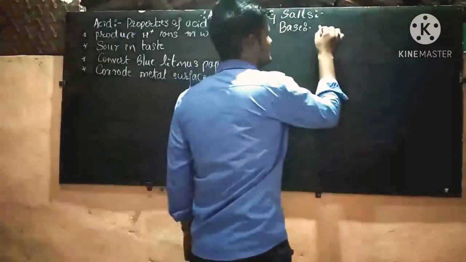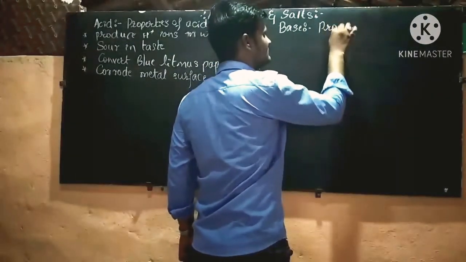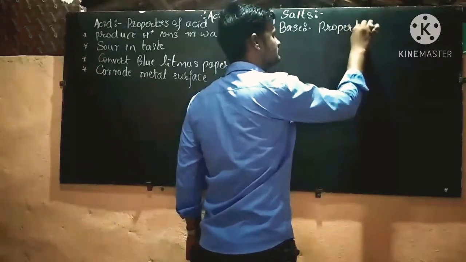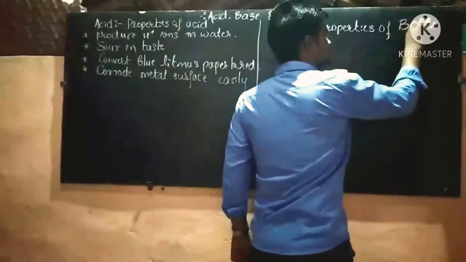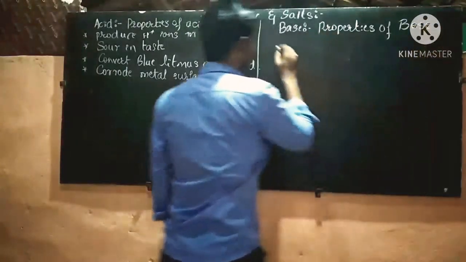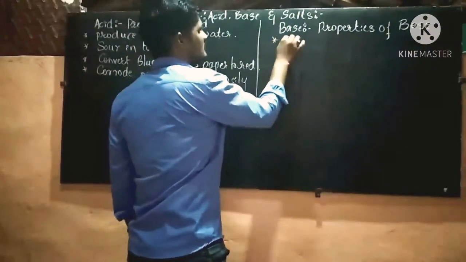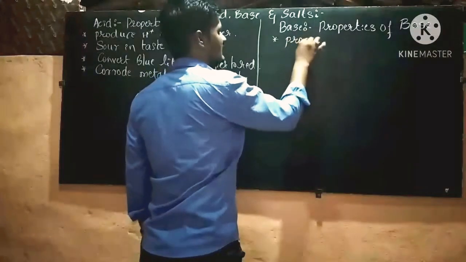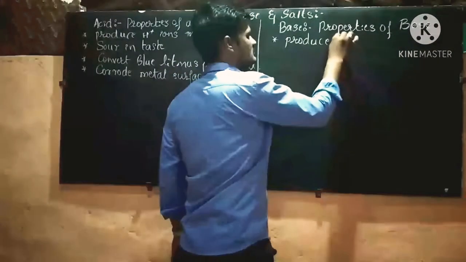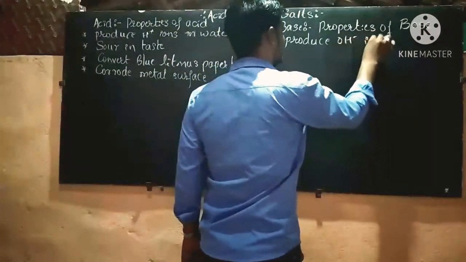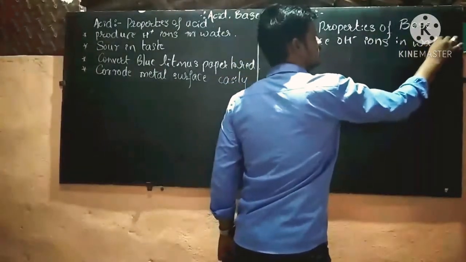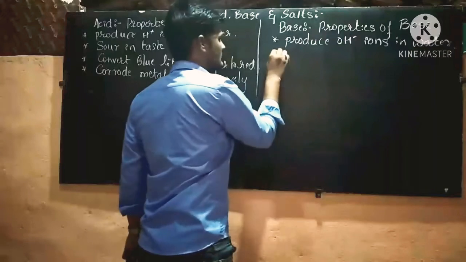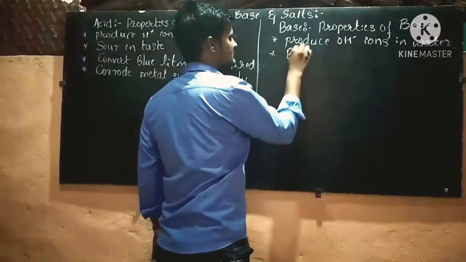Let's discuss the base. The properties of base are: produce OH minus ions in water. Some bitter in taste.